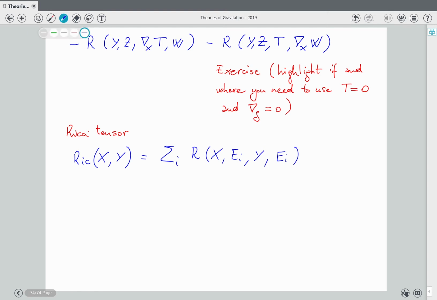And then you have the scalar curvature R, which is a further contraction of the Ricci tensor. We will not enter into details here because we will see them again in the physics part.